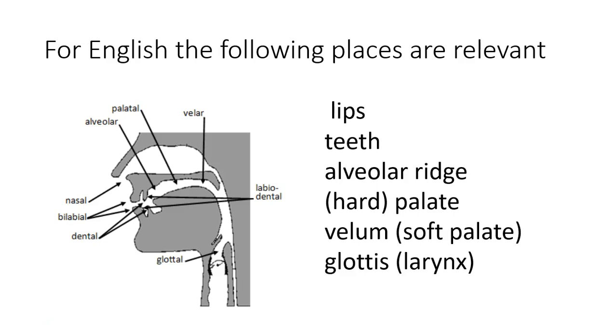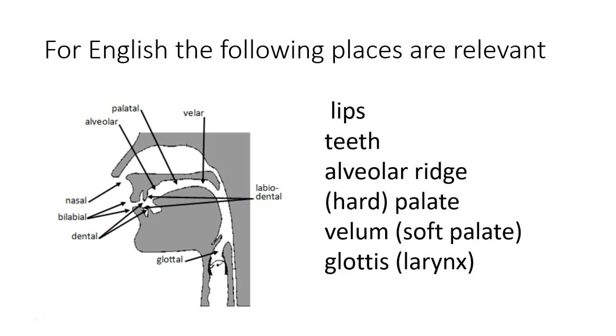We have lips, so we get labial sounds. That was b, p. We have sounds made near the teeth or the alveolar ridge. We have sounds that are made near the hard palate. So we get sounds like y, y in yellow. And y is a palatal. Velar sounds. There aren't any velar sounds that spring obviously to mind in English, but if you think about g and k, then I hope you can hear that they are velar, the soft palate.